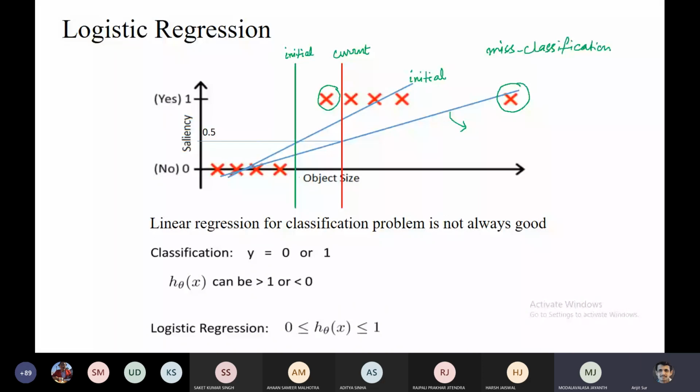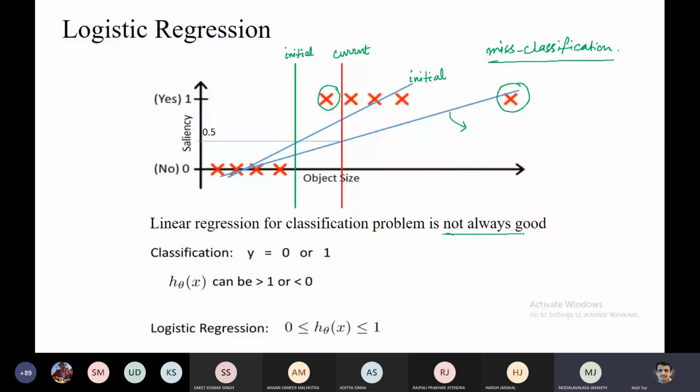This is based on the data distribution, that is, the variance of this data is a bit high, so that's why. So linear regression for classification purposes is not always good.